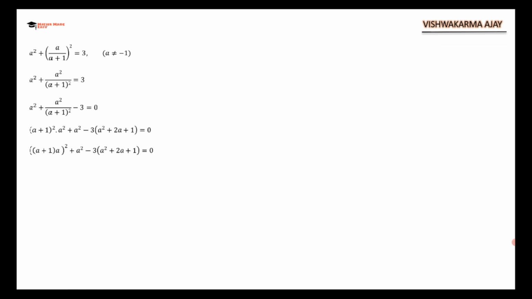Now, as you can see, (a + 1)² into a², so we can write (a + 1) times a the whole squared, and minus 3 as it is. Now going inside, a multiplied by (a + 1) gives a² + a, to the power 2, minus 3 as it is.